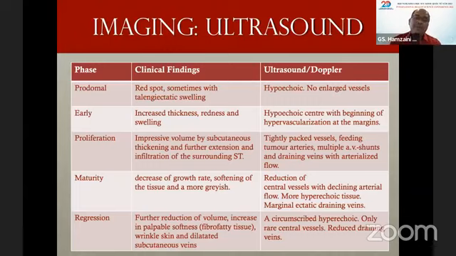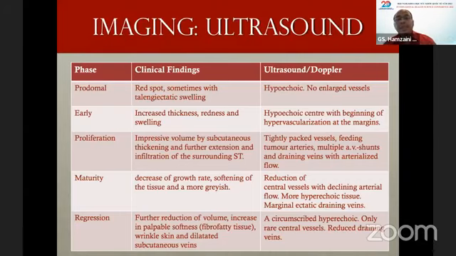And during the proliferative phase, basically what you see is tightly packed vessels feeding the tumor, artery feeding the hemangioma, multiple AV shunting, and also a draining vein with arterialized flow. So this is what may confuse us with AV malformation.